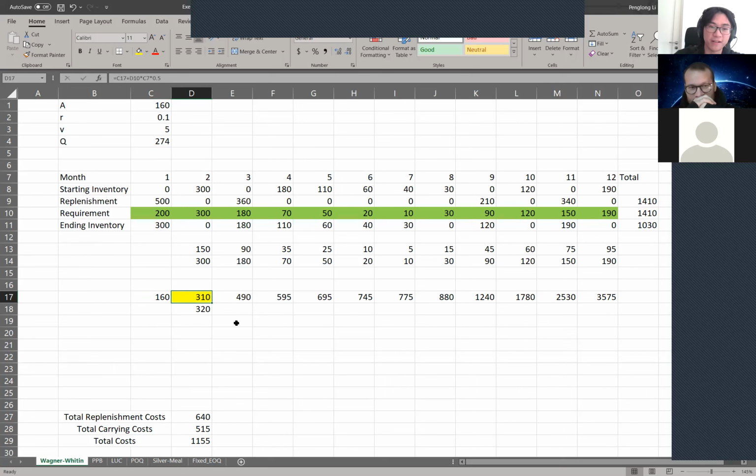But the reason we're marking it here is that the number we're putting in, one cell below, is the number that is lowest here, plus the order cost. And this is calculated in the same way.